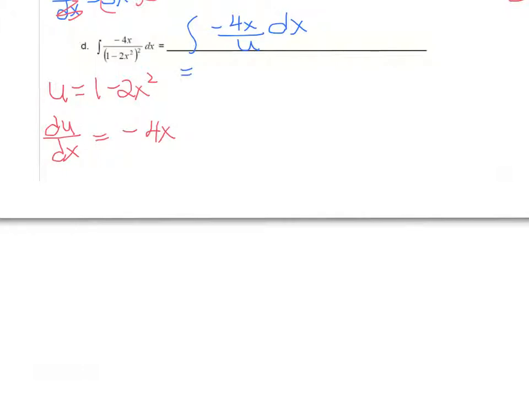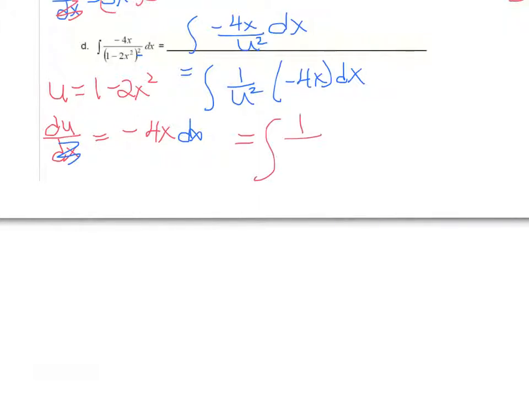And then instead of leaving it in a fraction like that, I'm going to make it 1 over u. Oh, I'm sorry, it's squared here. 1 over u squared times negative 4x dx. Because then if I multiply this dx to this side, we can replace the negative 4x dx with du.